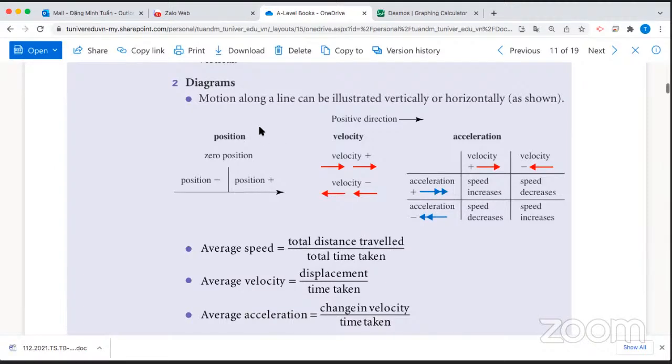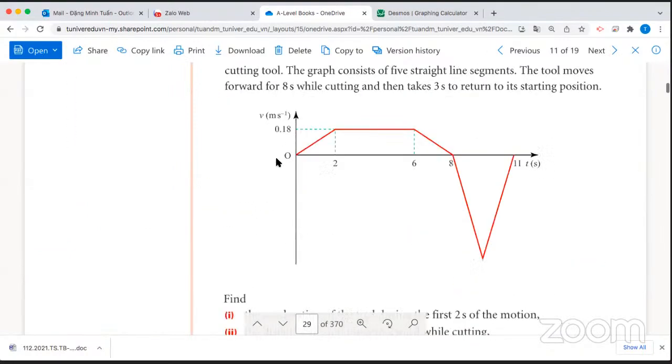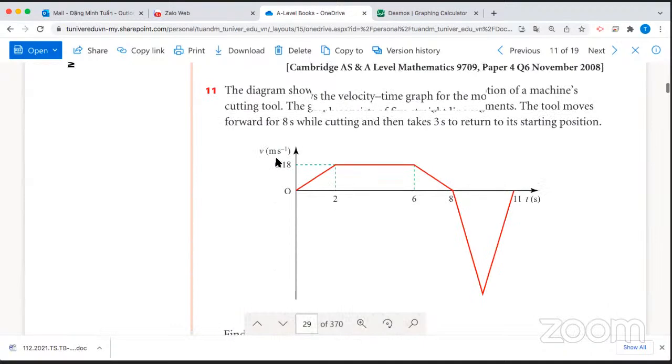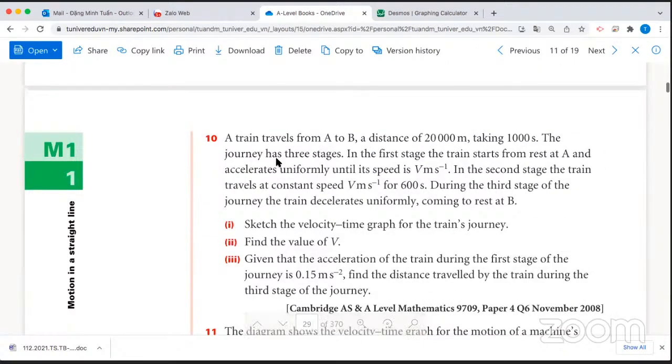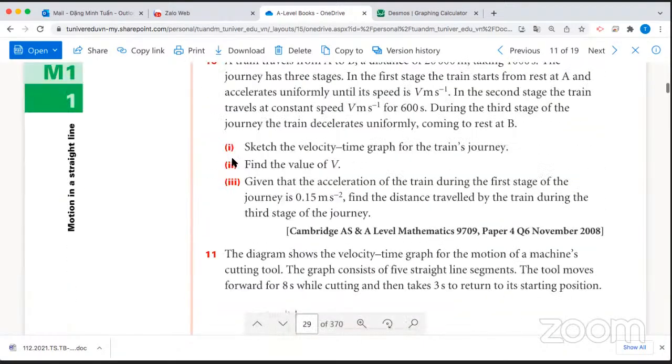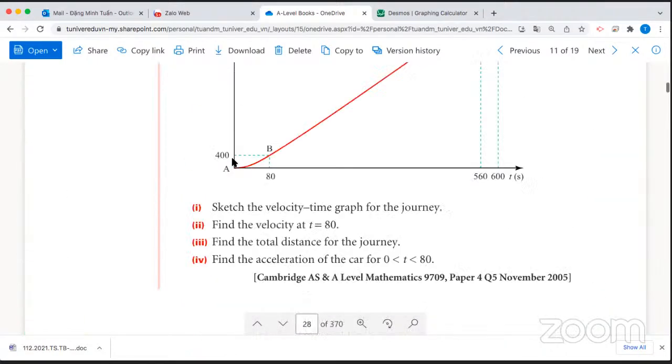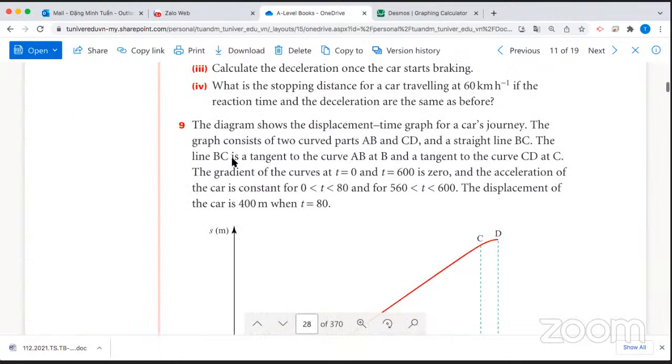So now you do the homework for me. As I told you before, the homework is better for you for practice. And look at this one: at the end, questions 10 and 11 are taken from the real paper.